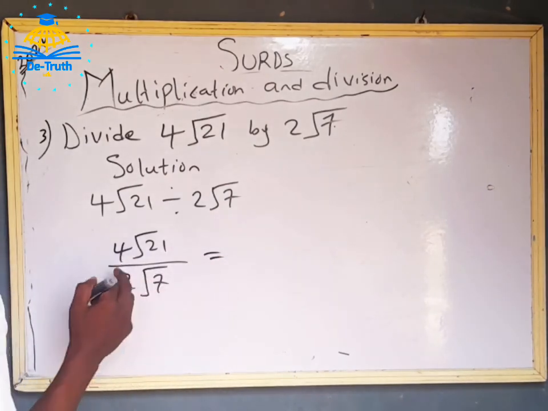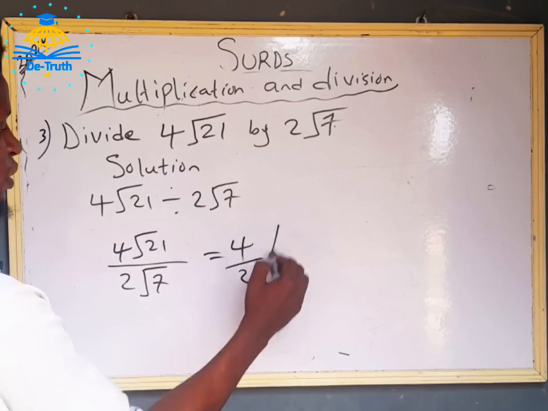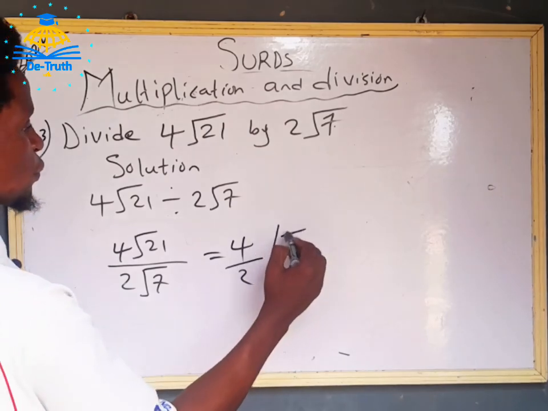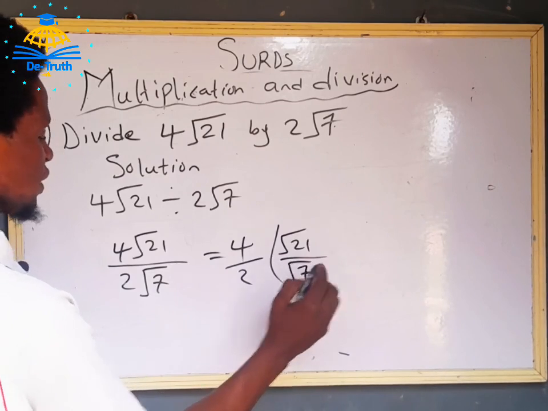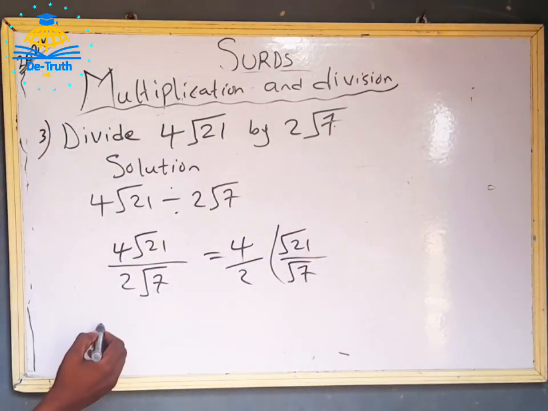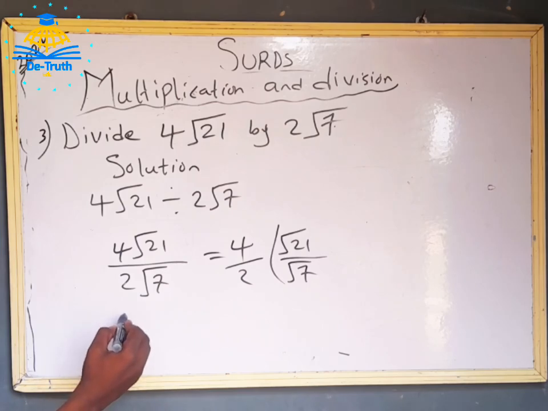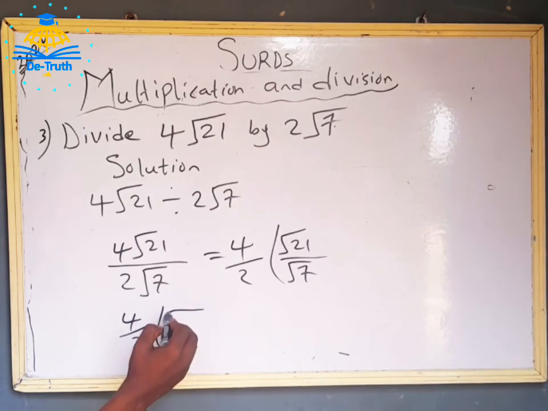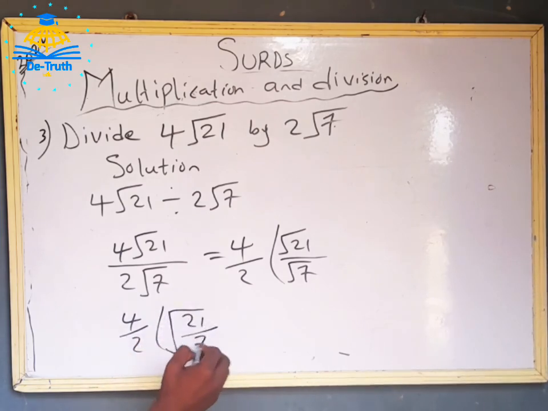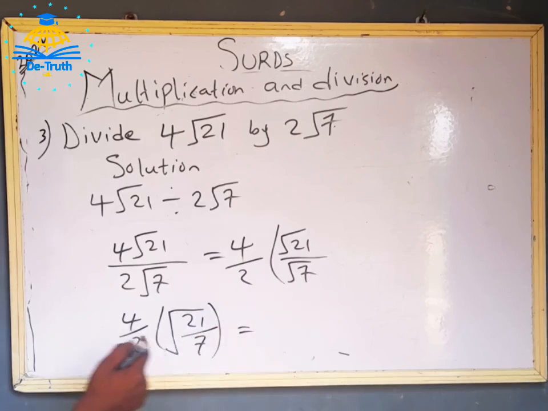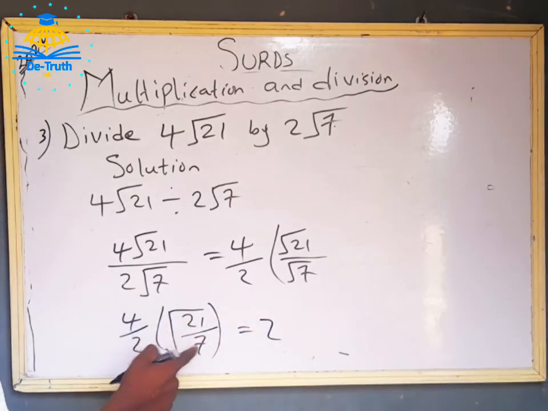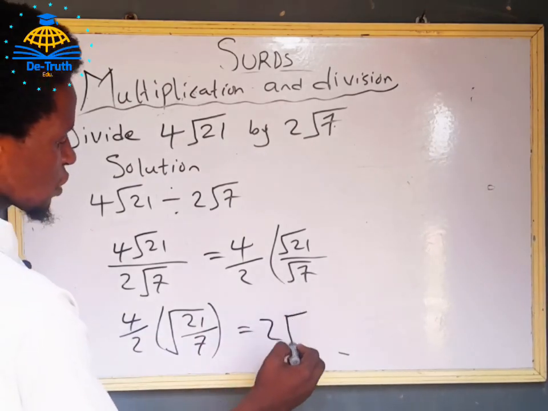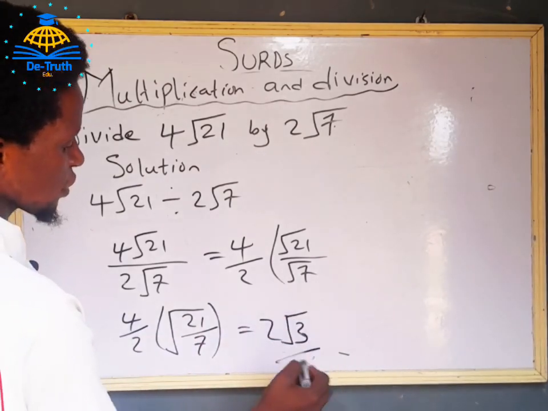So 4 divided by 2, bracket root 21 divided by 7. So what do we have here? 4 divided by 2 gives us 2. Then 21 divided by 7, that is root 3.